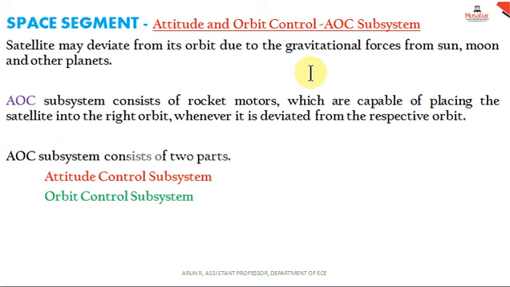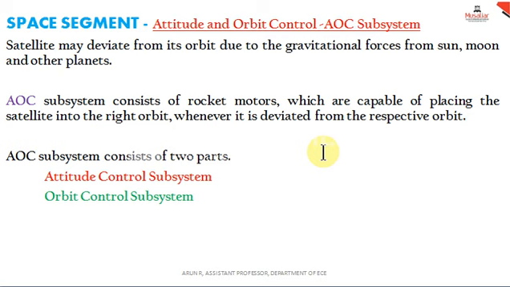This AOC subsystem consists of rocket motors, and they are capable of placing the satellite into the right orbit. Whenever it is deviated from its orbit, the AOC subsystem will rectify its position and keep the satellite in the correct orbit. That is the main function of the AOC subsystem.